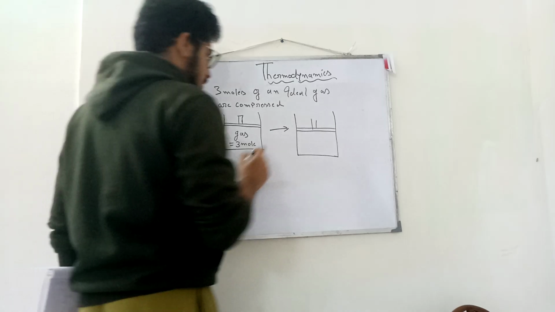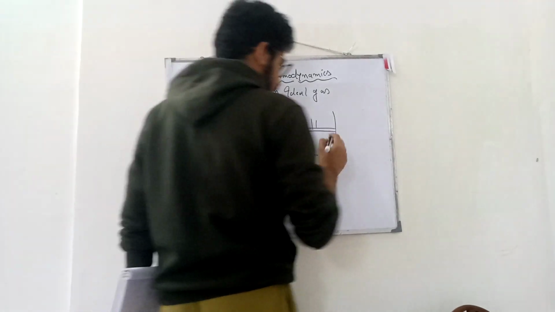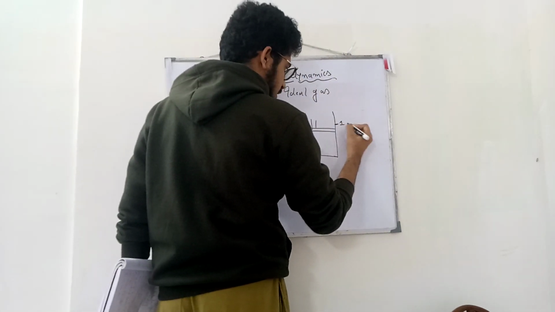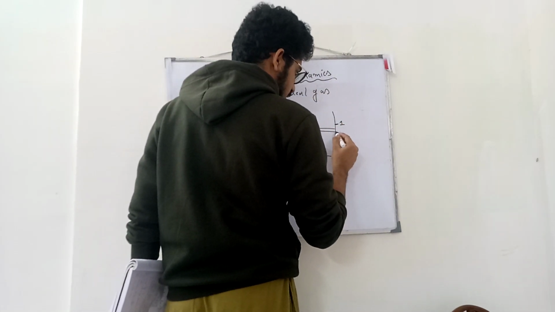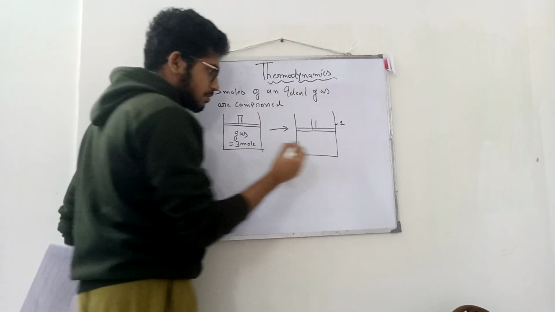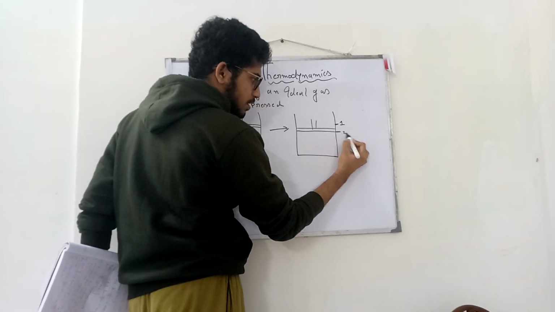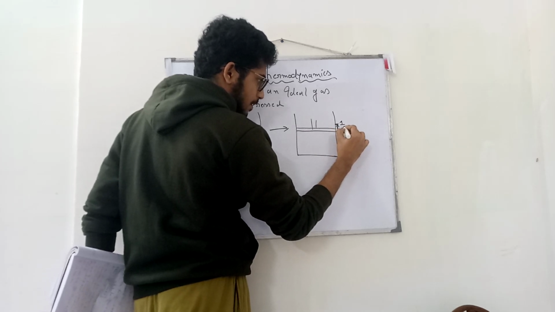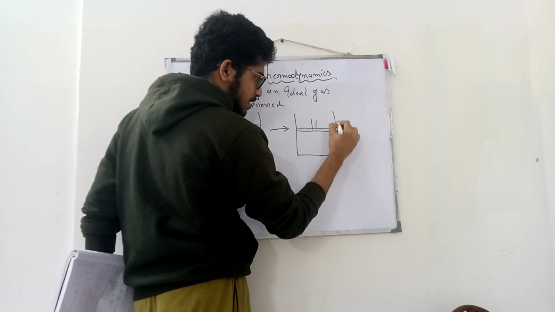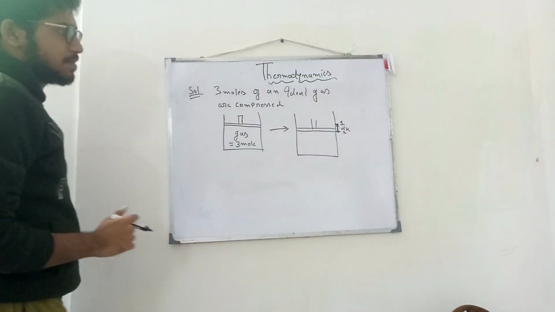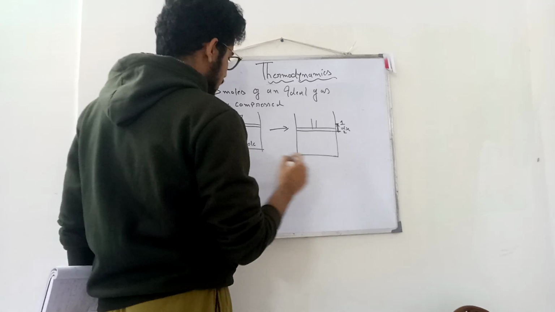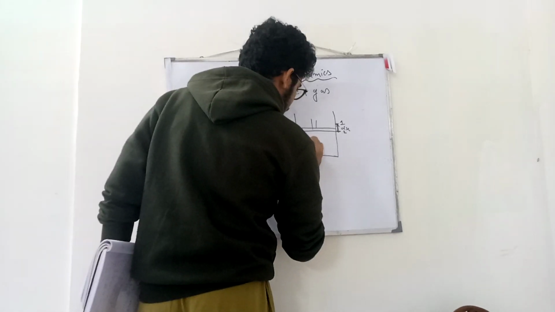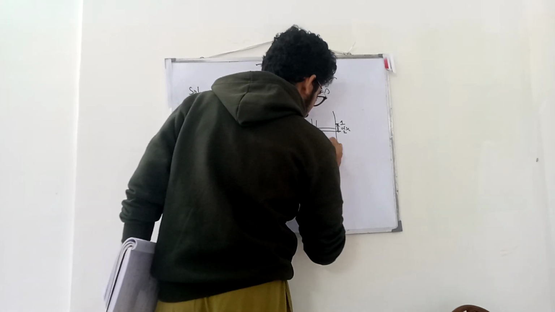Suppose the initial state is the first step, the initial volume is this, and we are displacing this piston to this point. That means a displacement of this much distance occurs, and the gas becomes 3/2 mole.